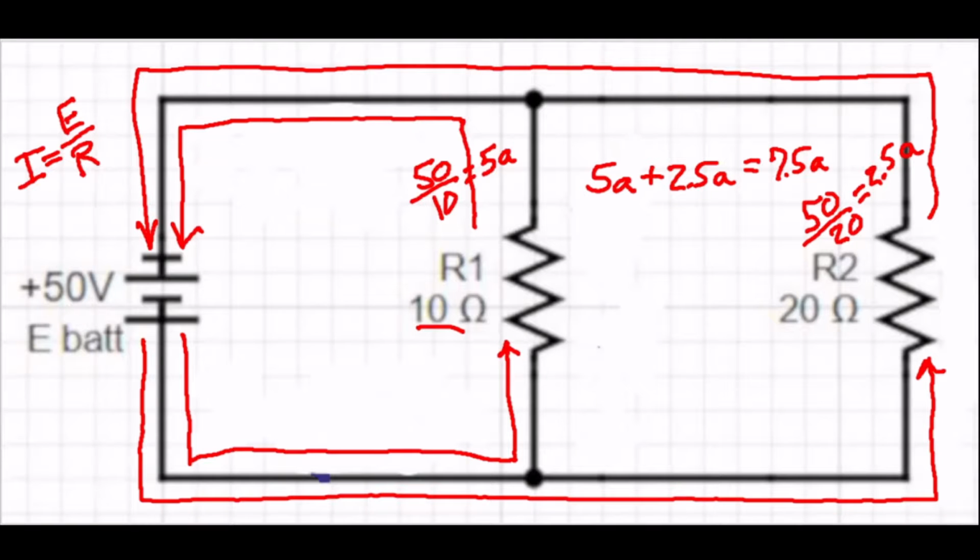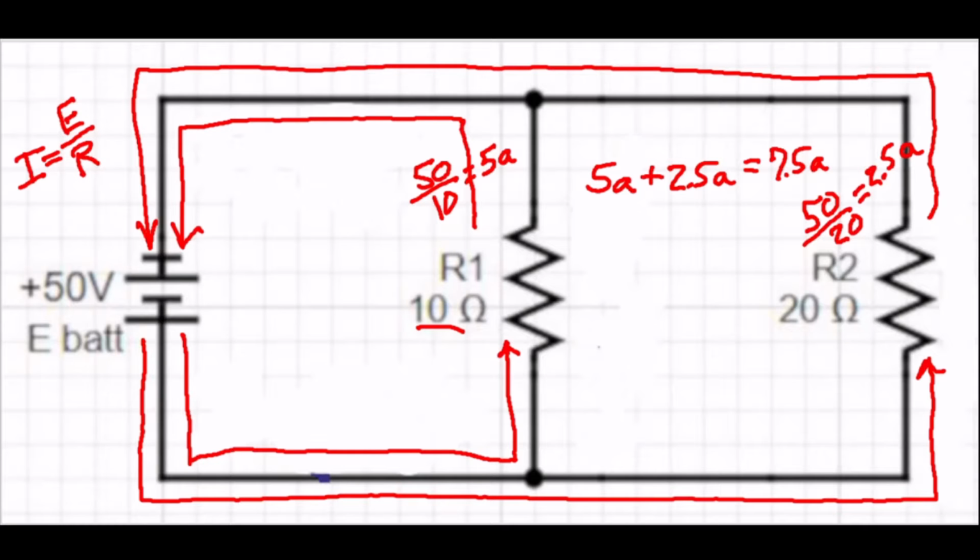So if we have just a little bit of resistance, let's say at 10 ohms, the current is going to be 5 amps. But if we have a lot of rocks, in other words, twice as many rocks, 20 ohms, that's really going to reduce the current. And in fact, it's going to reduce it by half, from 5 amps down to 2.5 amps.